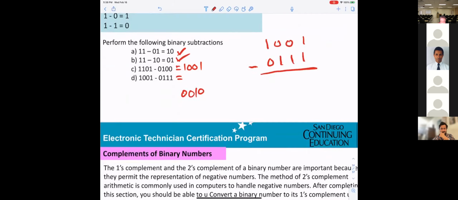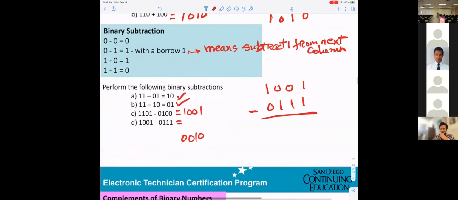1 minus 1, 0. 0 minus 1 is 1, borrow 1. Right. The next column, borrow 1. You get a 1 here, right? Borrow 1 means subtract 1 from the next column.